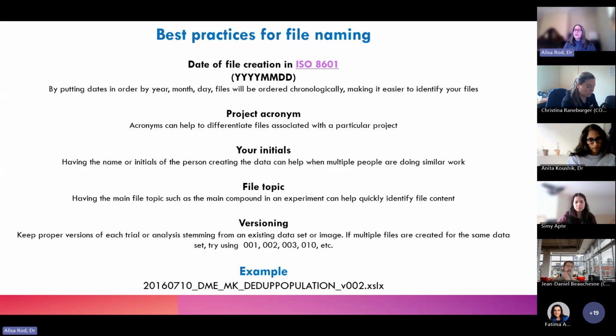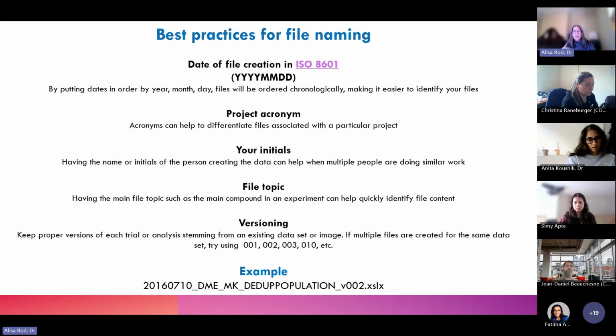So if you have to name files yourselves, the best practice for file naming is to include a mix of information that would help you identify what's in the file without opening it. So that's the criteria you want to use.